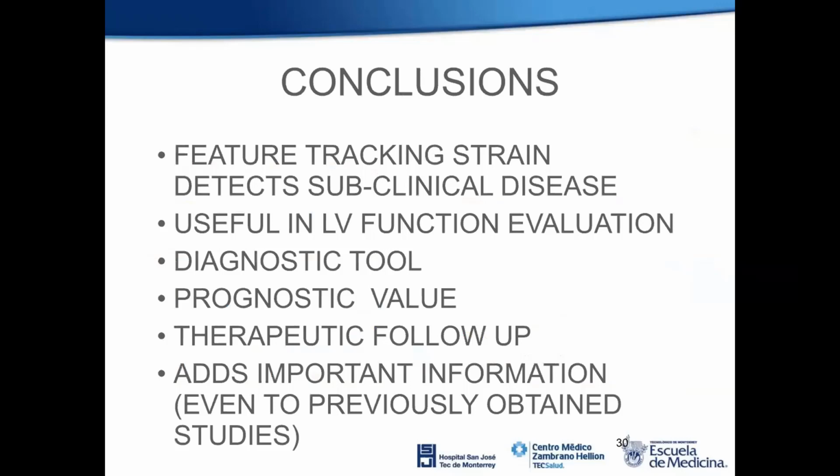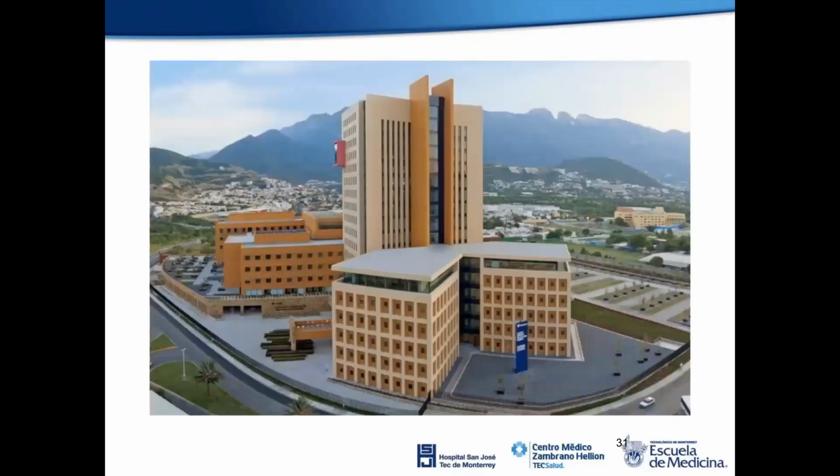So we conclude that feature tracking strain is able to detect subclinical disease, and it's very good, and it adds value to the left ventricular function evaluation. It has a prognostic value, it might be helpful as a therapeutic follow-up tool, and it adds important information to what you already have. So this can help you guide your patient through diagnosis and therapy. Well, that's basically it. Thank you very much.